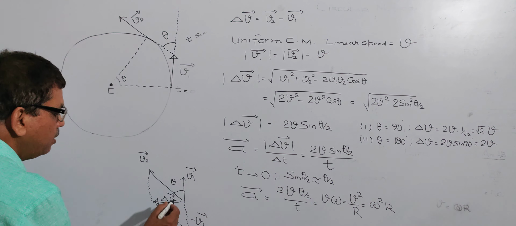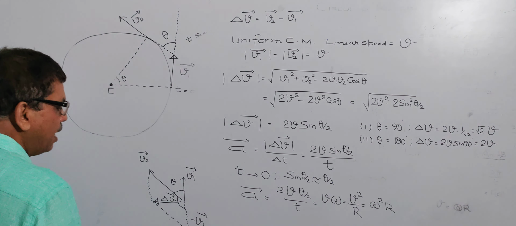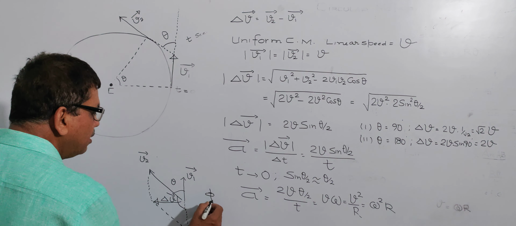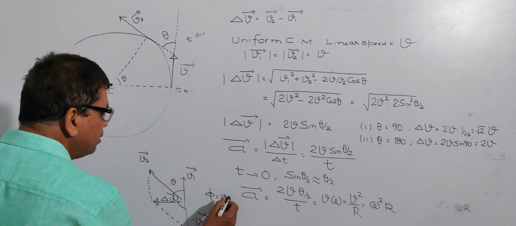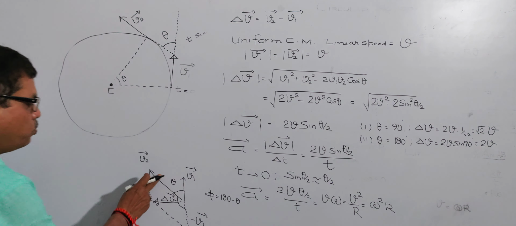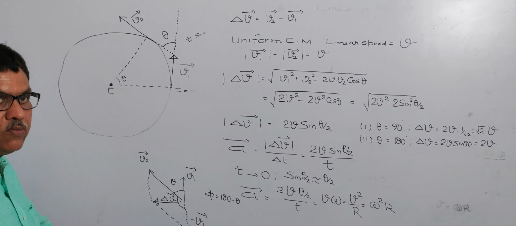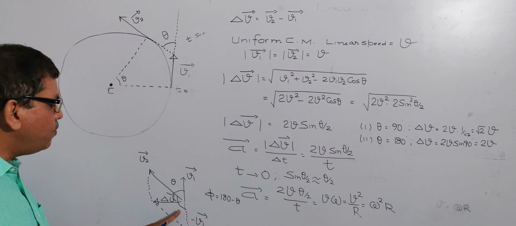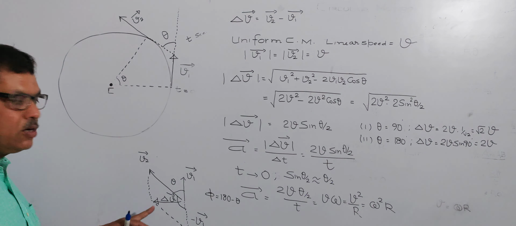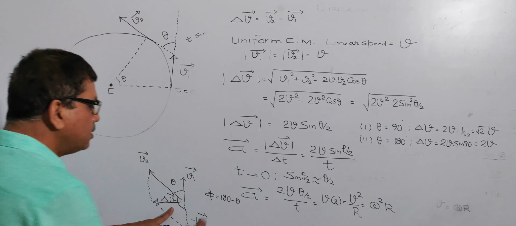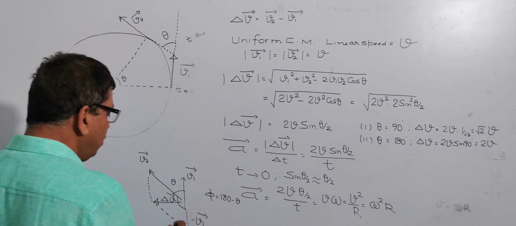Now you will observe this angle phi is nothing but 180 minus theta, and since the magnitudes of both the velocity vectors are the same, they are equal vectors, so the resultant divides the angle.